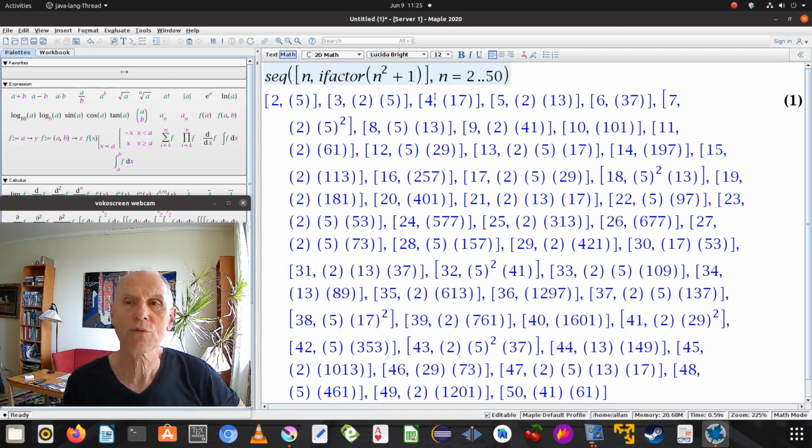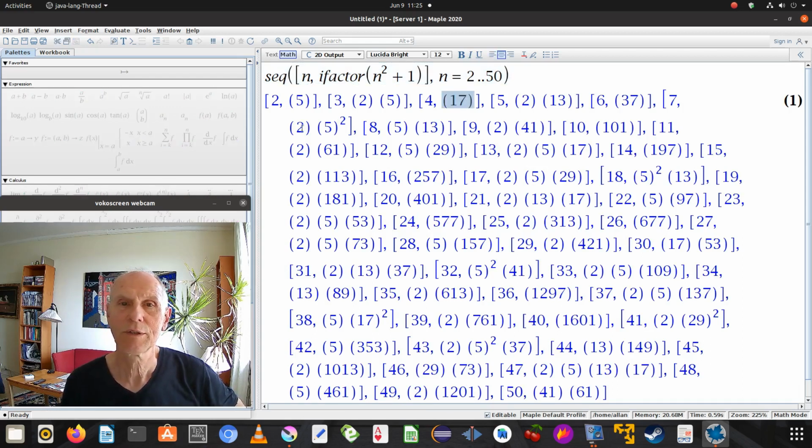This gives 10, of course. And as you see, all the prime factors, it may be even, but all the other prime factors that occur, 5, 13, 41, etc., they are all equivalent to 1 modulo 4.